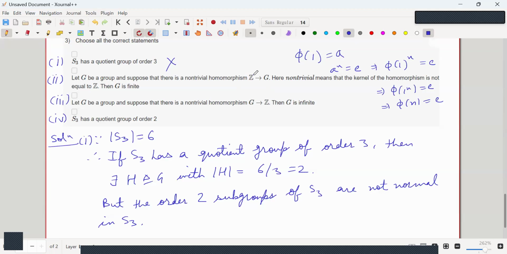It doesn't imply that n is the identity. It just says that n is mapping to identity, which is fine.